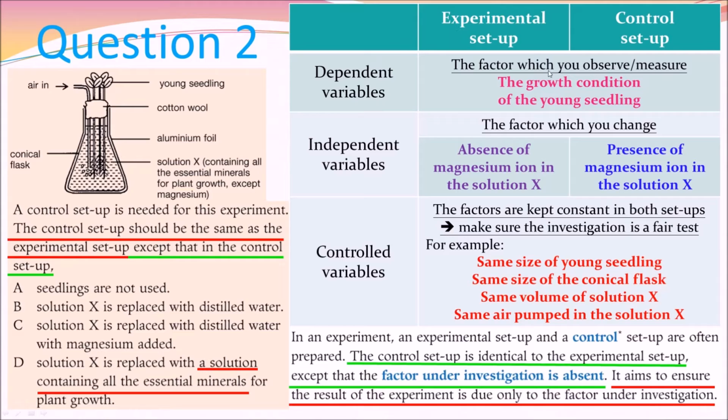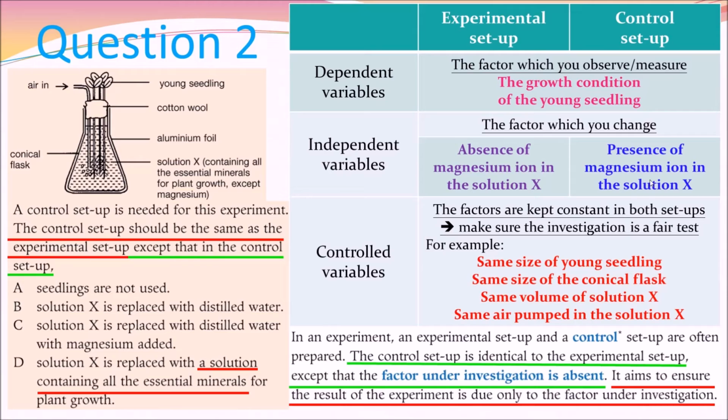CV, DV, they are the same, right? Except the factor under investigation is absent. So in the control setup, we should provide the solution X to the plant with magnesium inside as well. That means we really provide all minerals for the young seedlings. So that's why we can make a comparison, right?